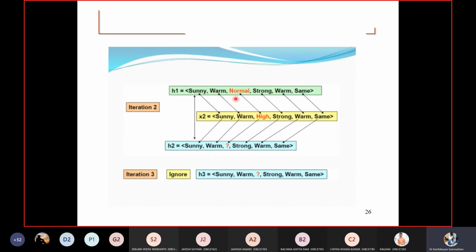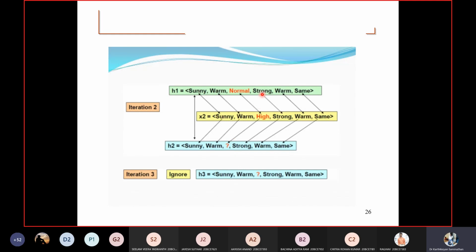Then normal is not equal to high. Both are not the same. The algorithm says, whenever the hypothesis mismatches, you replace the original hypothesis with a question mark. I am changing this hypothesis from most specific into most general. That is what the question mark is.